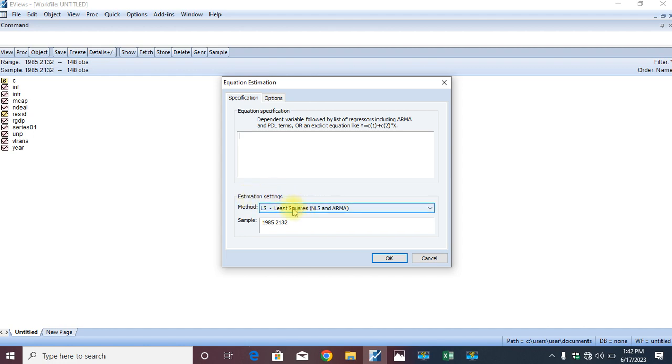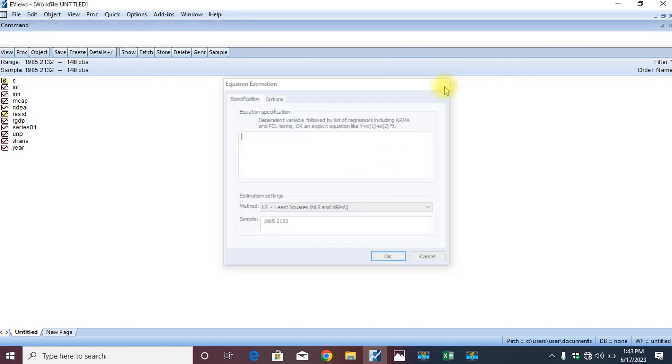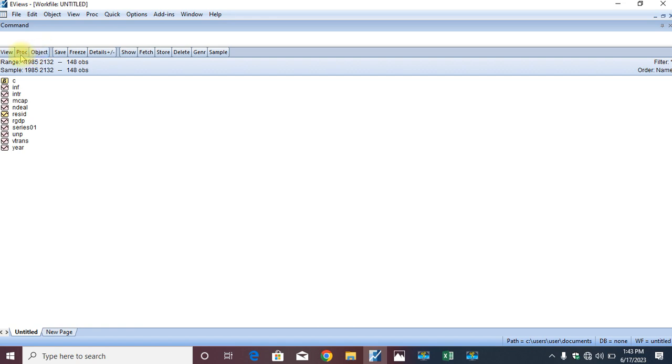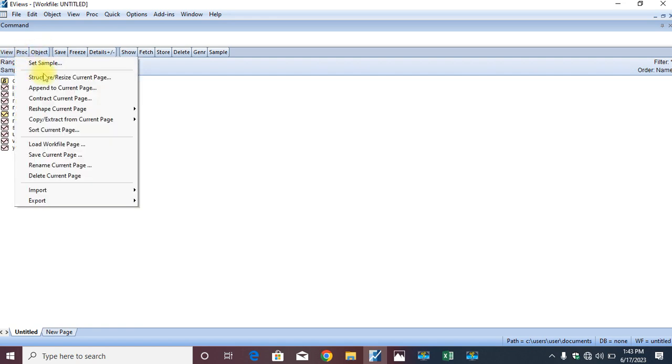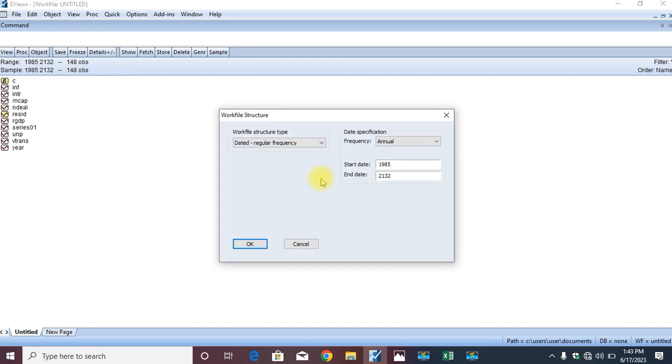The estimation settings will remain. Then the sample size remains 1985 to when you actually wanted it. But given the fact that the sample size is above what I wanted, I will need to go to Proc to adjust the sample size. Go to Proc, go to Structure/Resize Current Page, then I come over here and adjust the sample size to what I wanted.